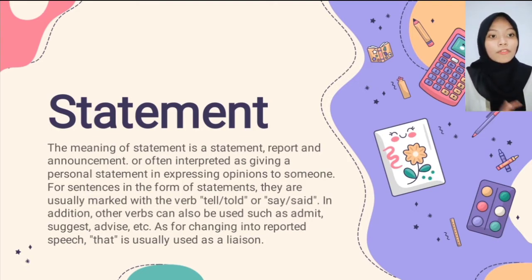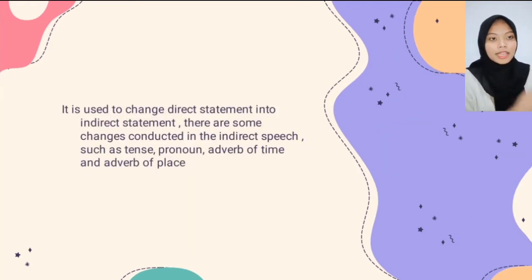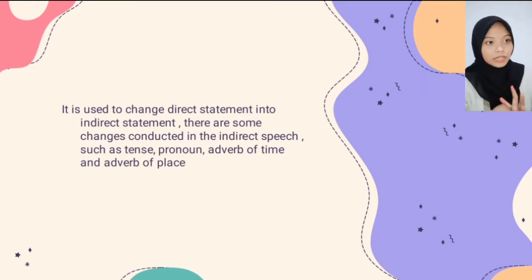In addition, other verbs can also be used such as admit, suggest, advise, etc. As for changing into reported speech, that is usually used as a liaison. It is used to change a direct statement into an indirect statement.